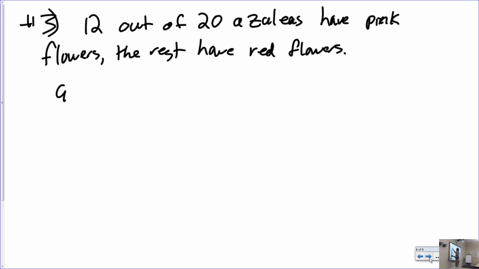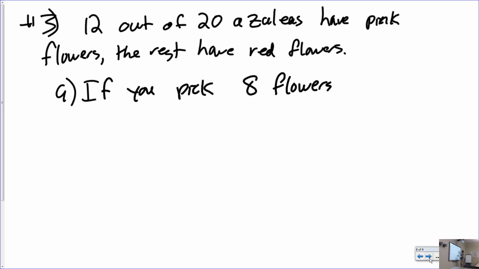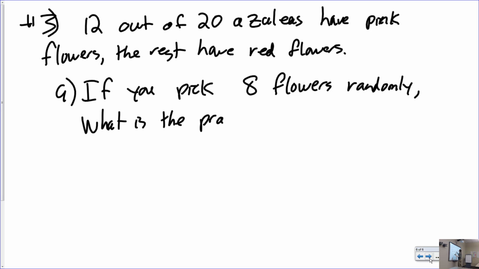So, first question. If you pick 8 flowers randomly, what is the probability six are pink?